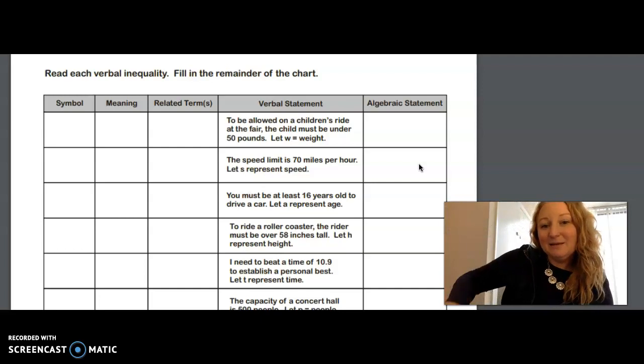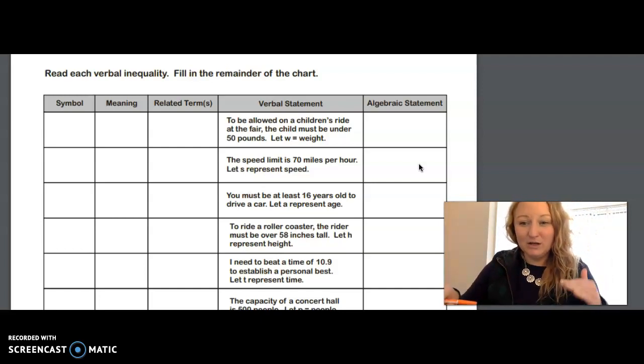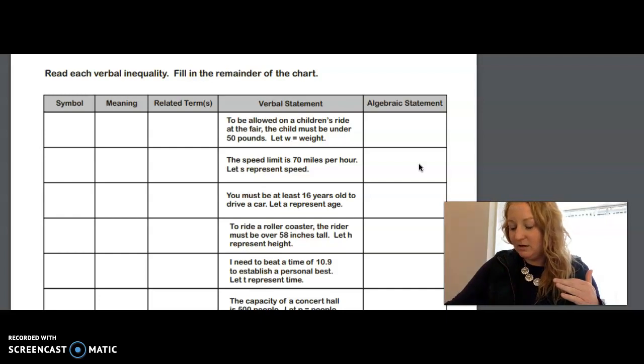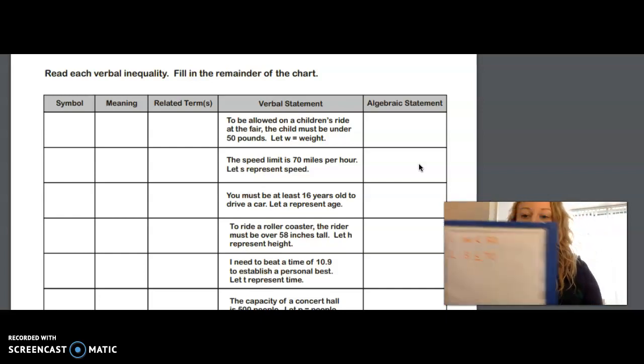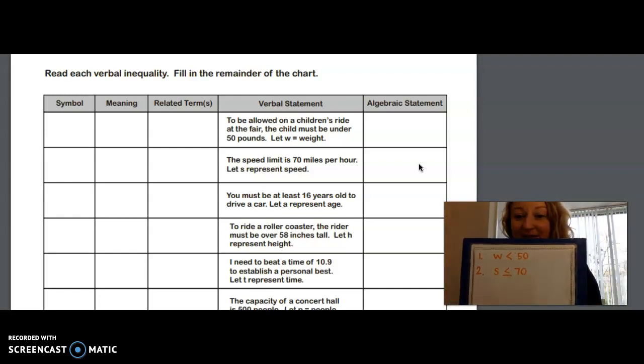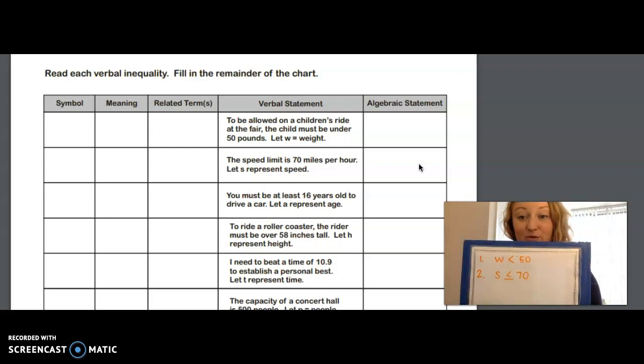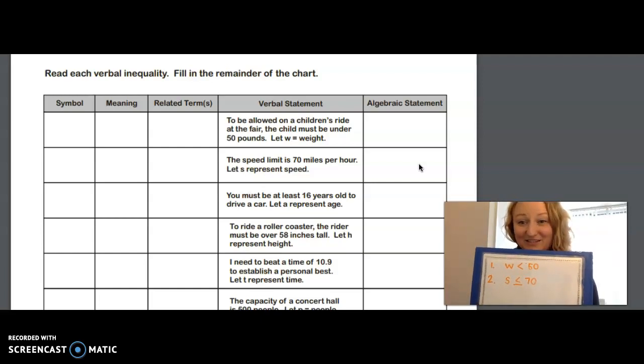So the speed limit, or what you can go up to and including, is 70. So you can't go over 70. All right, so your speed has to be less than or equal to 70. Speed is less than or equal to 70 because the limit, how high you can go, is 70.